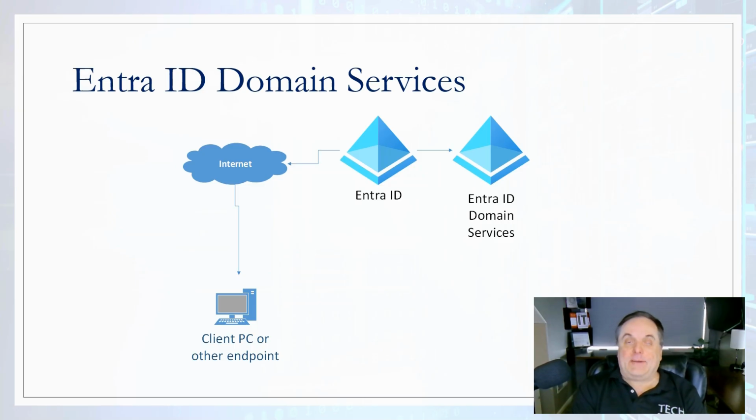So how do you manage Active Directory itself? Well, Microsoft gives you 2 different virtual machines when you sign up for Entra ID Domain Services. And you can manage those using remote desktop, just like any other virtual machine that you may create yourself. Microsoft creates 2 new virtual machines.